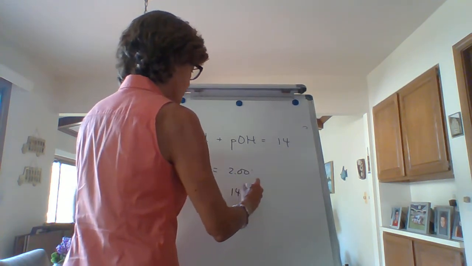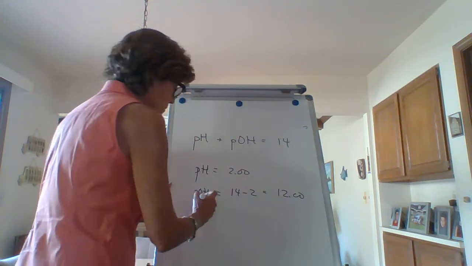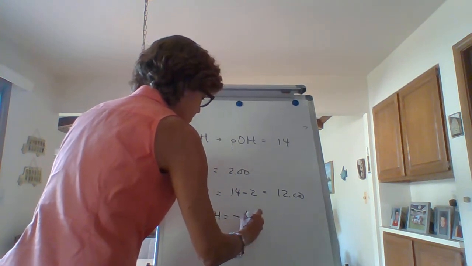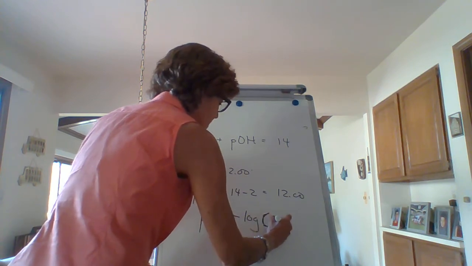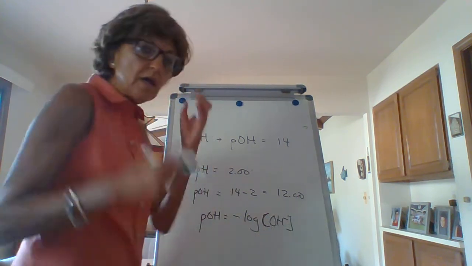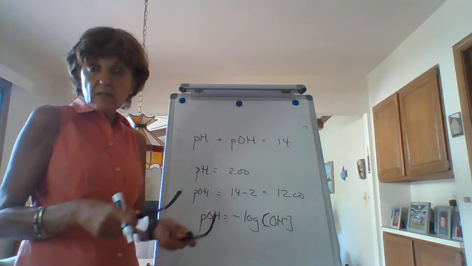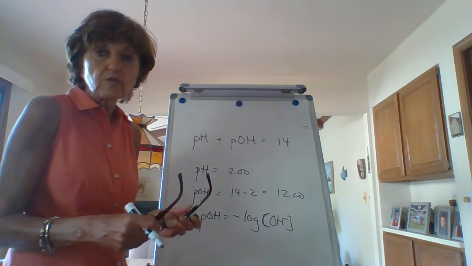It'll just be 14 minus 2, and that is 12. Okay? Remember, pOH, like I told you earlier, is minus the log of the hydroxide ion concentration. Okay? pOH honestly isn't used as much, but it is in this chapter and it is in your homework, so you need to know how to do it.